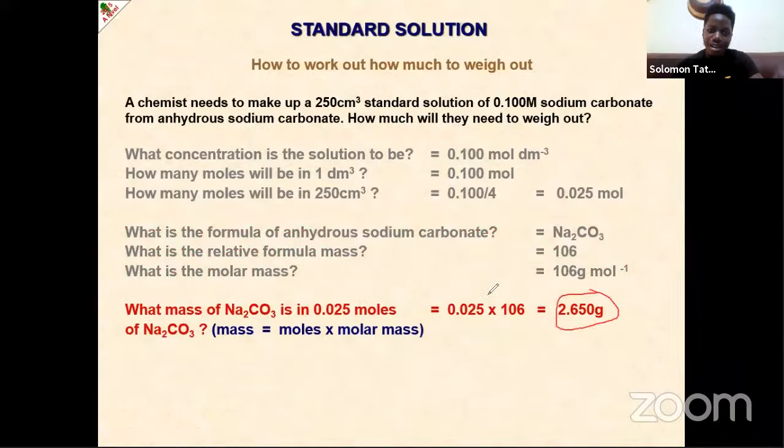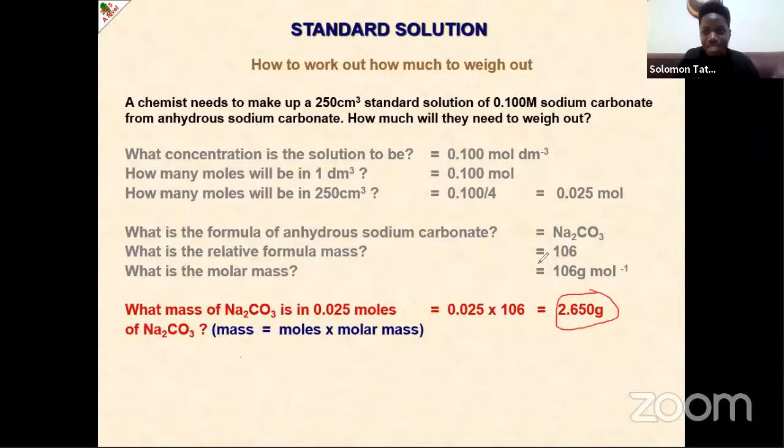I'm sure you would love me to explain it more in first principles. So in first principles, this is what you would say, and you have to listen up carefully so that you remember. We are finding mass, so the masses will be on your right hand side every time because it's what you're finding, and the moles will be on your left. So you start with the moles. You can say 1 mole.